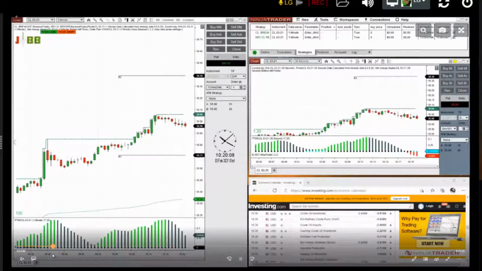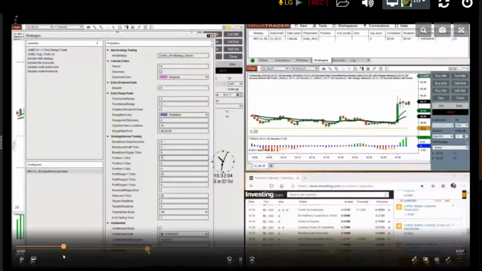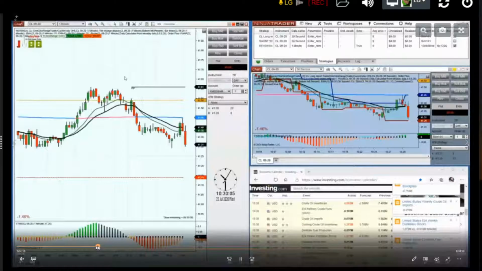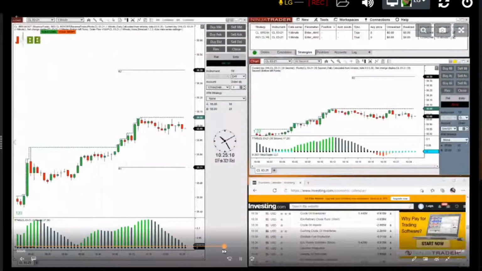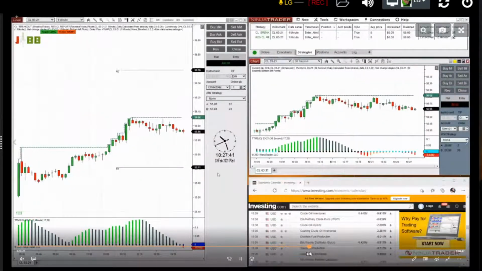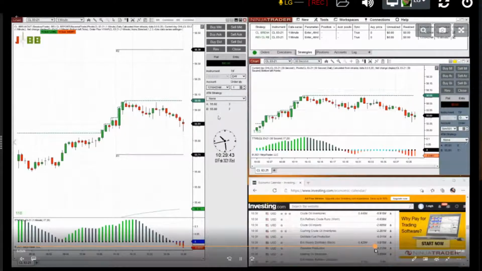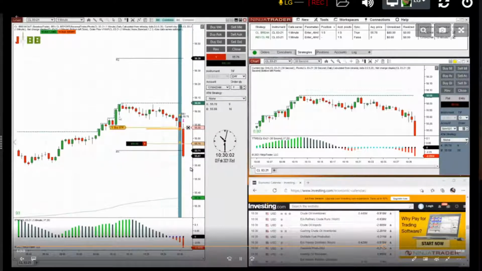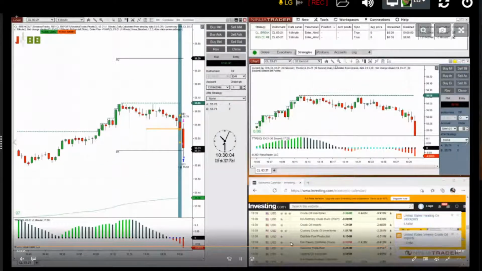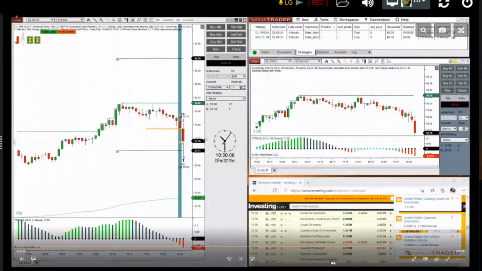Doctor said everything went great. Wow, when a doctor says great. So oil just went right down and hit the target. Okay, went right down and hit the target.